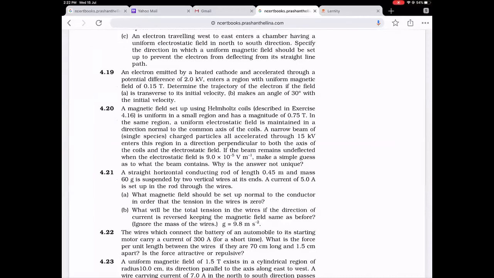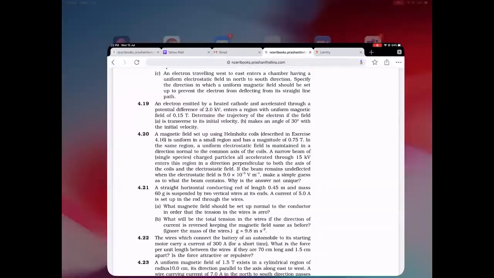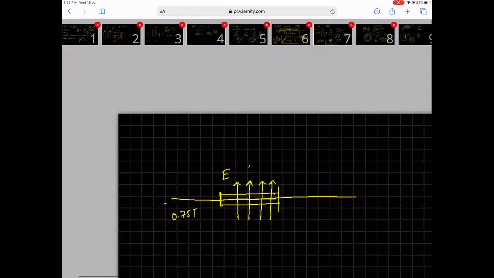The concept is that a narrow beam of charged particles accelerated through some volts remains undeflected when the electrostatic field is 9 into 10 power minus 5. That means it is doing the work of a velocity selector.